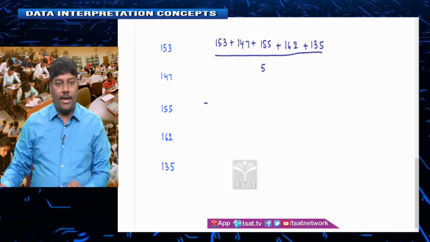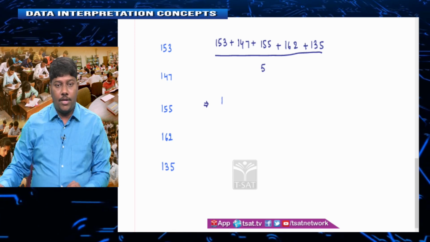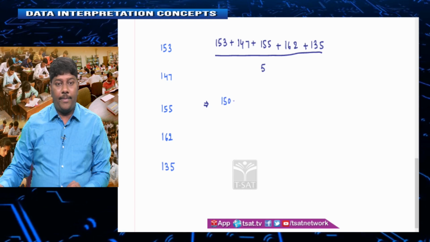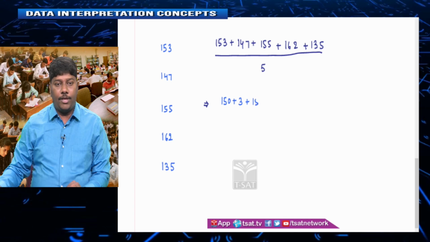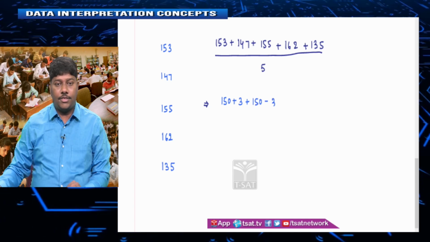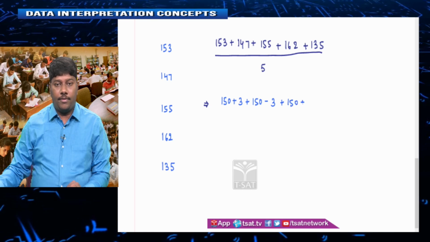Now, I am choosing my average as 150. Therefore, I can write each observation as 150 plus 3, the second observation as 150 minus 3. You understand the deviations? So the deviations come from this value plus 5.